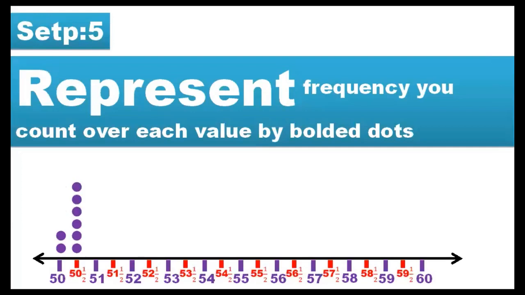So the total number is 6 bold dots representing 50 and a half. Okay, what about 52? Repeated 2 times, Mr. Walid. Yes, I'm going to represent it by 2 bold dots. What about here? 54 and a half, I'm sorry. Yeah, 6 also. 58 and a half, just 2. 60, just 2. So that's it. This is how to represent and make line plots as you draw, as you see in the 5 steps. This will help you easily handle any line plot you want to draw, okay?